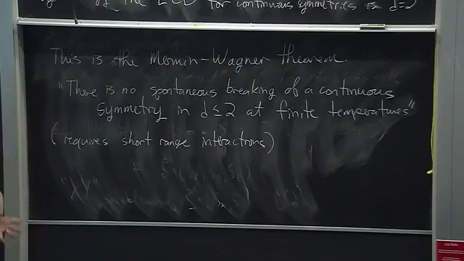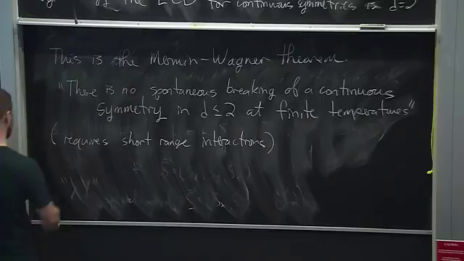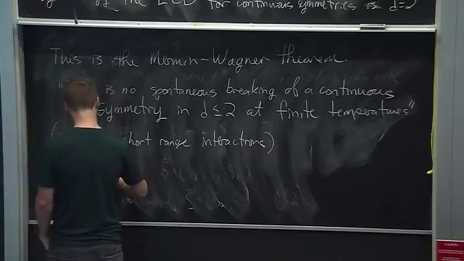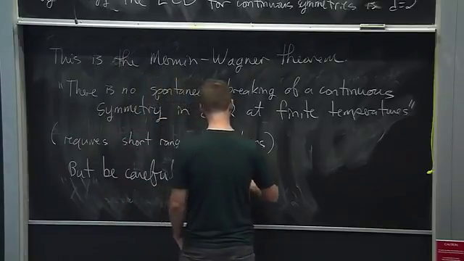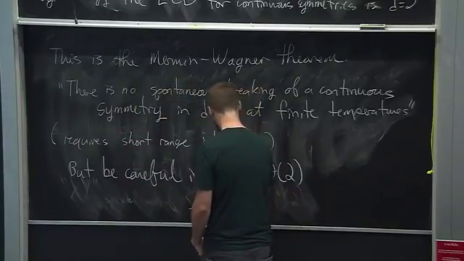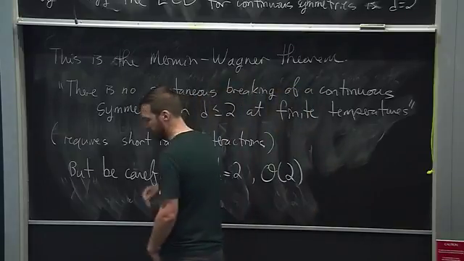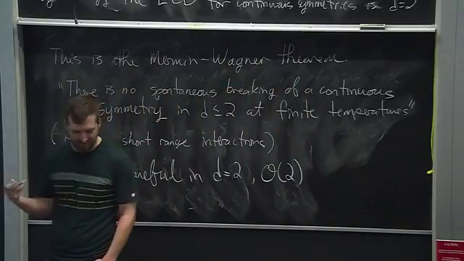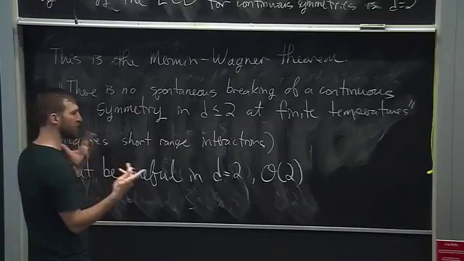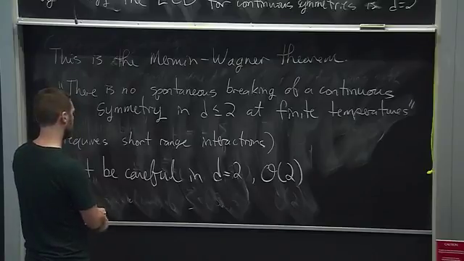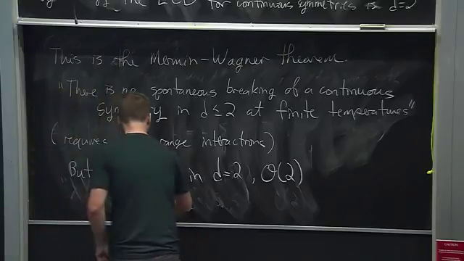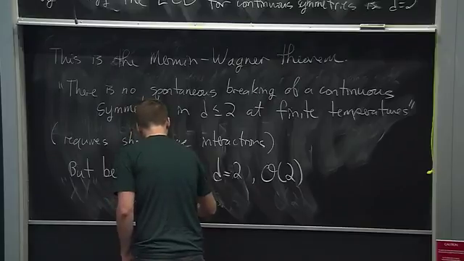The only exception is that in D strictly equal to 2, you have to be careful because there is a phase transition, in D equals 2 with O(2). There's a phase transition, but it's not a transition in some long wavelength theory like we're developing here. Again, you need some sort of topological considerations, and that's the Kosterlitz-Thouless transition.